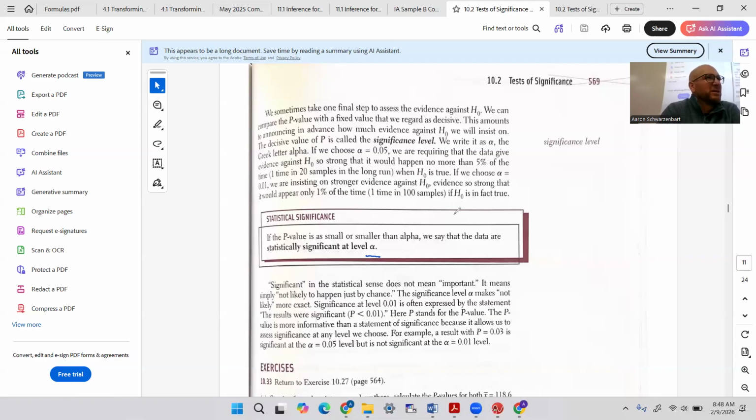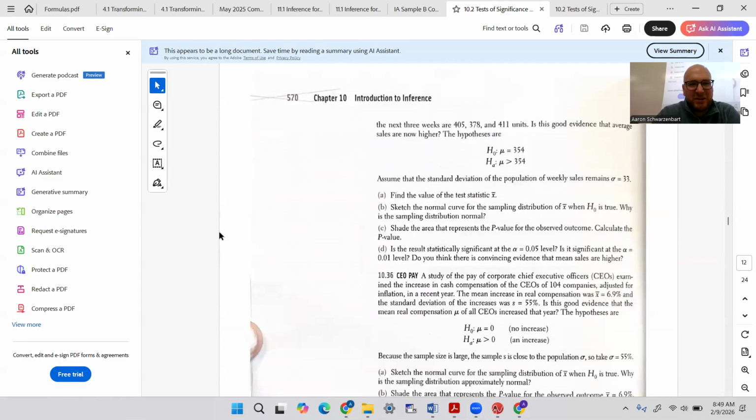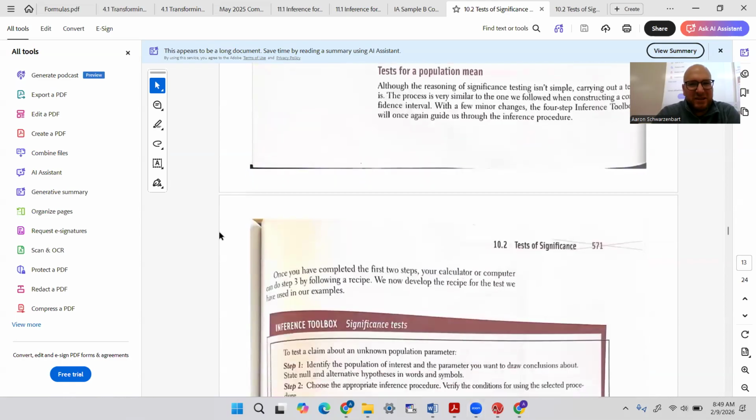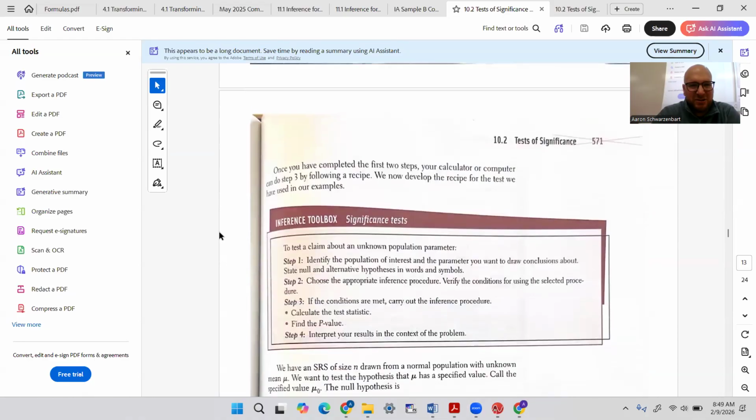If you do, it might be later. Does that kind of make sense on the significance level? It's a little bit of a weird thing, but this takes a little bit to get used to.